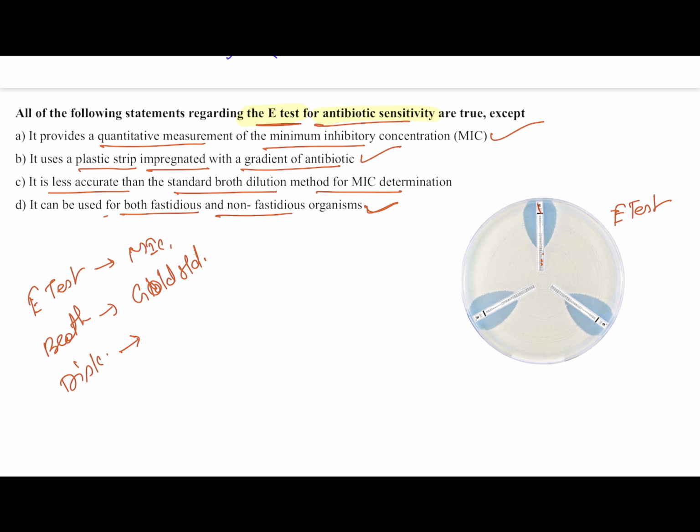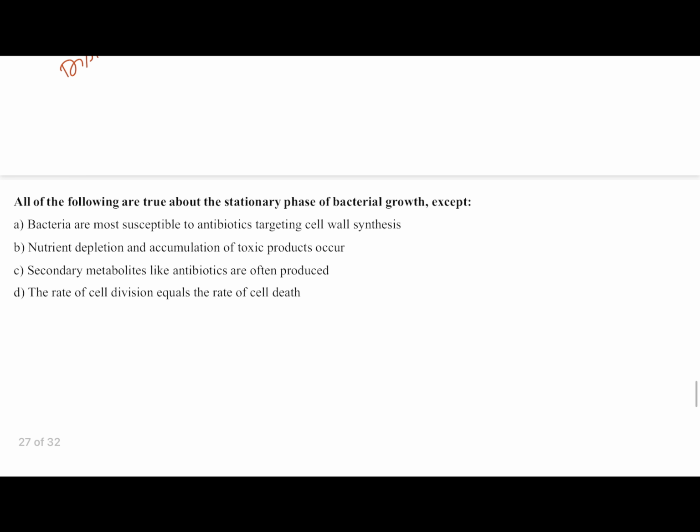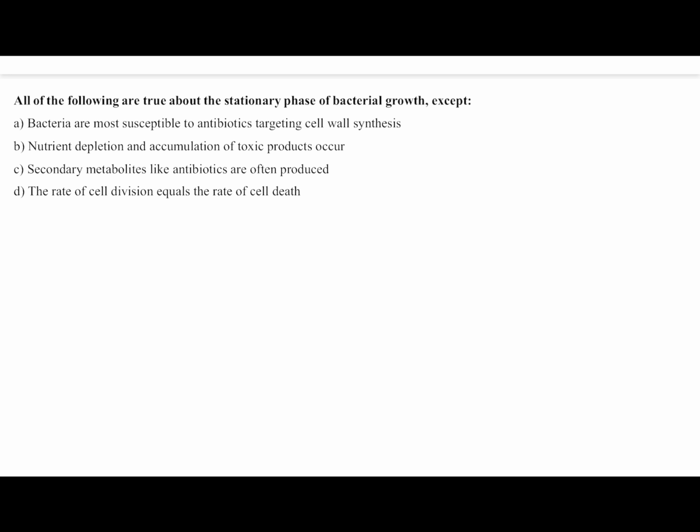So the correct answer in this case will be option C, because it is not less accurate. Even the E-test is considered as accurate as the broth dilution method for MIC. So this is the E-test for antibiotic sensitivity.